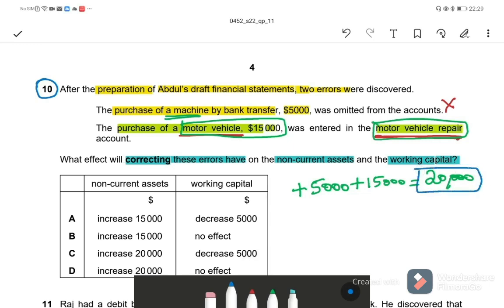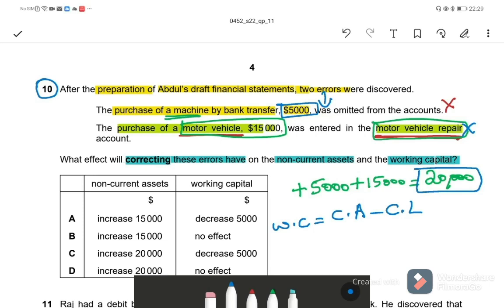Next, working capital. Working capital means current assets minus current liability. So the purchase of machine by bank transfer 5,000 was omitted. When purchasing the machine by bank transfer, the current asset bank will decrease. So when we are correcting this, it will decrease by 5,000. The second error will not affect the working capital.